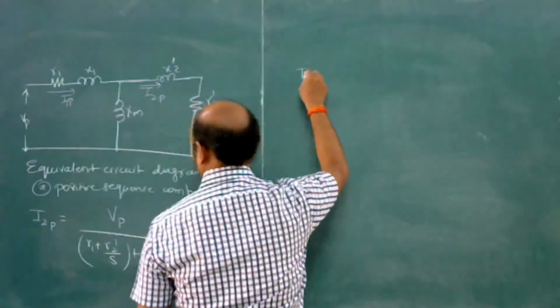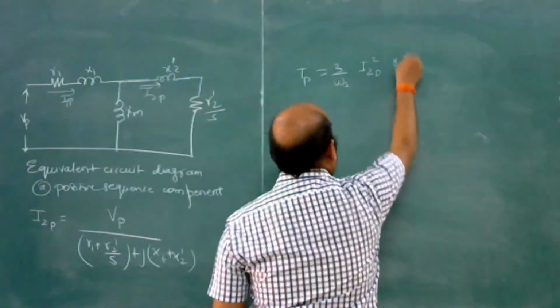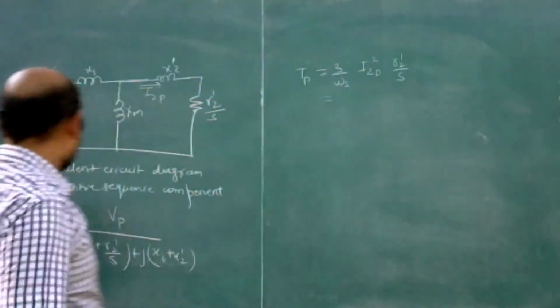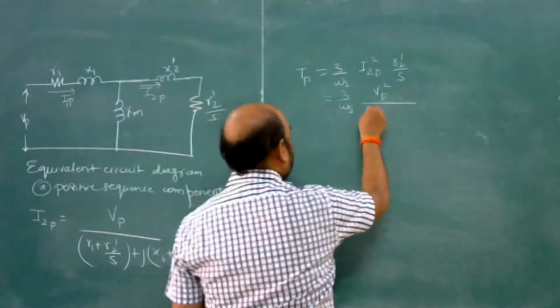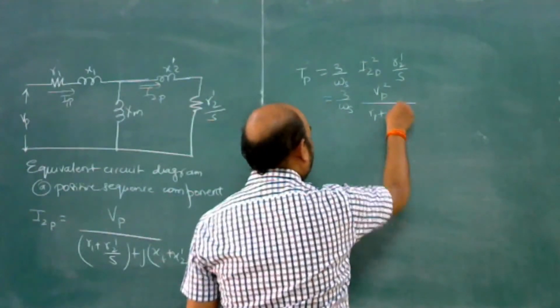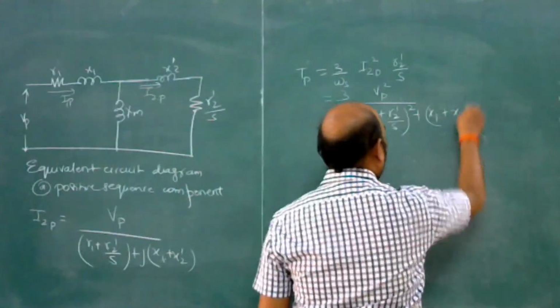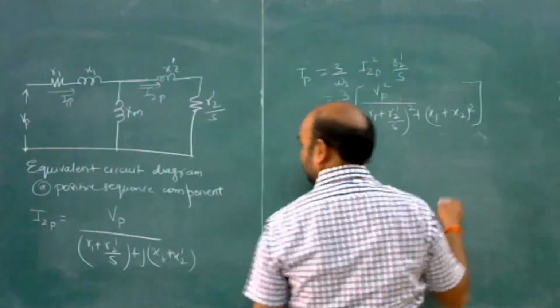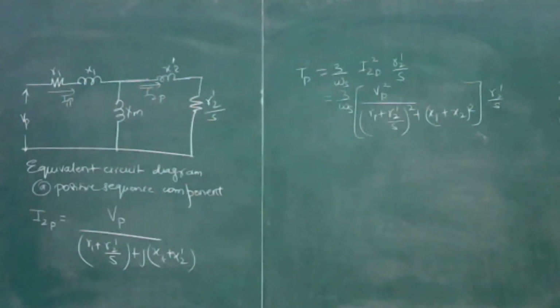So torque T will be P upon omega S into I2P square R2 dash upon S. Substituting the value of I2P, this will be P upon omega S into VP square whole divided by R1 plus R2 dash by S whole square plus X1 plus X2 dash whole square, into R2 dash upon S. Okay, so this will be the value of the positive sequence torque.